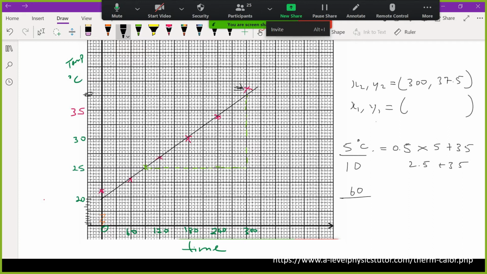So 60 seconds divided by the number of small boxes in between the 2 centimeter box, that is 10. Let me just verify. So one of my boxes in between there essentially represents 6.